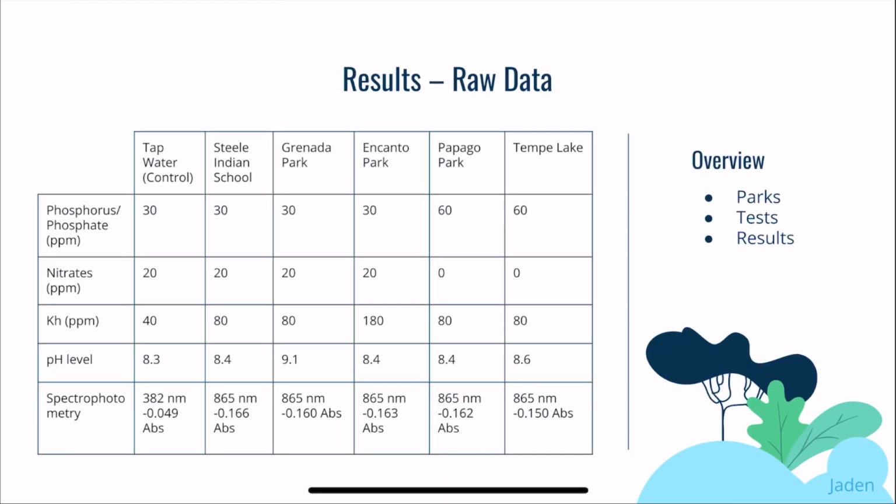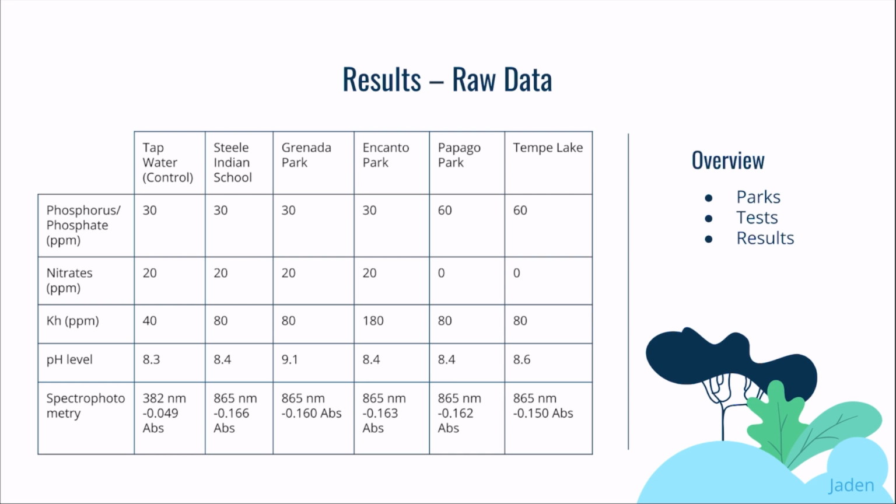And then here are our results from our raw data. Nothing really stands out besides the hardness in Encanto Park. And the pH levels all seem to be very similar except for Granada and relatively close Tempe Lake, but mostly Granada.